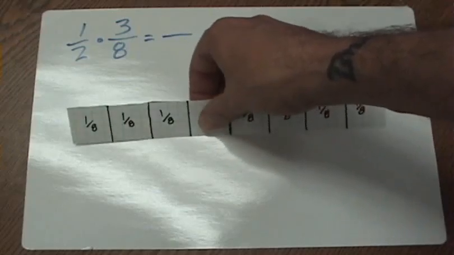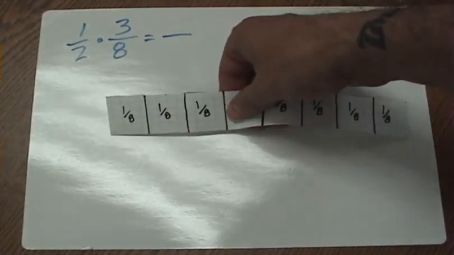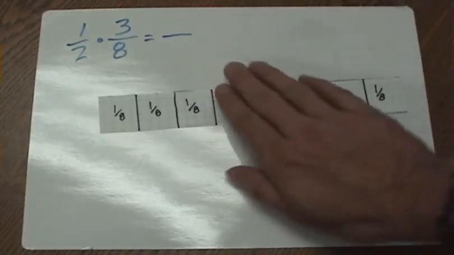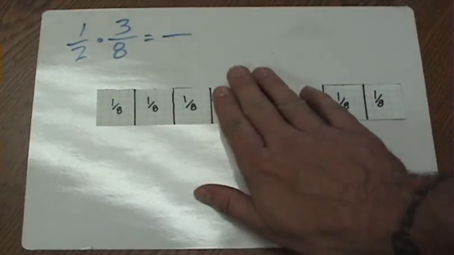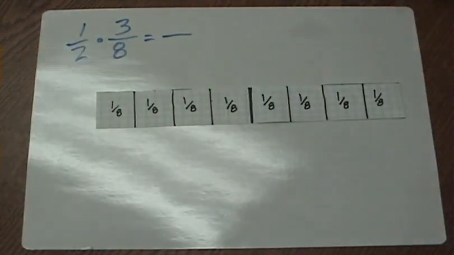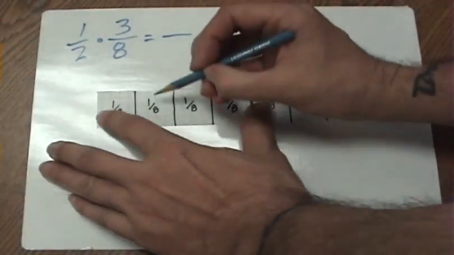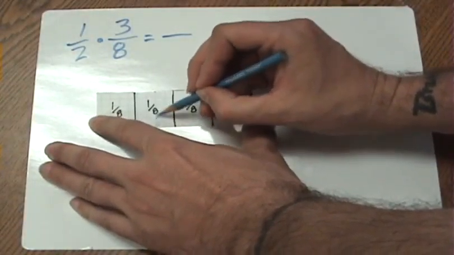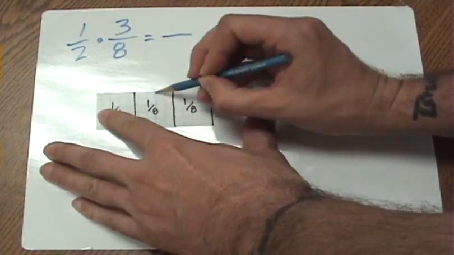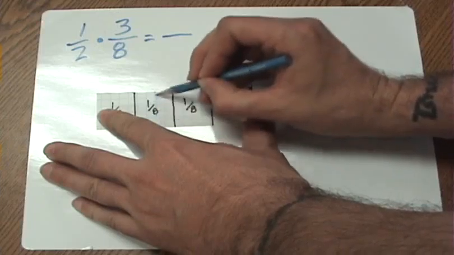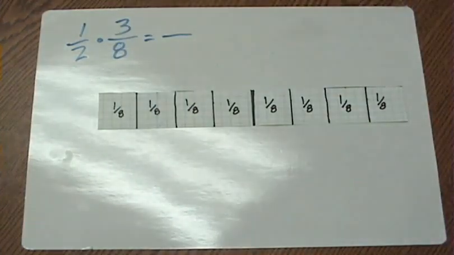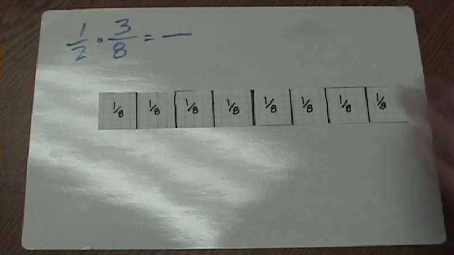So if you just look at 3 of the eighths and we divide that in half, that's going to give us a line right in the middle of our 3/8.